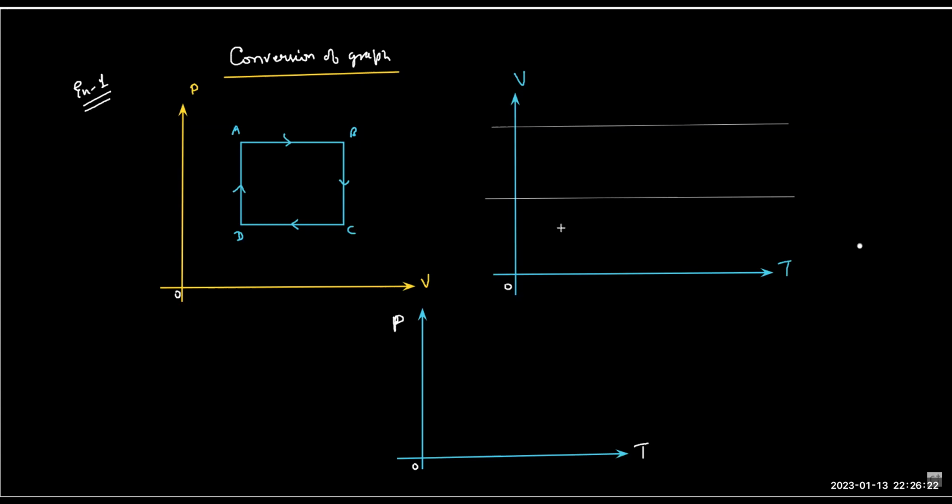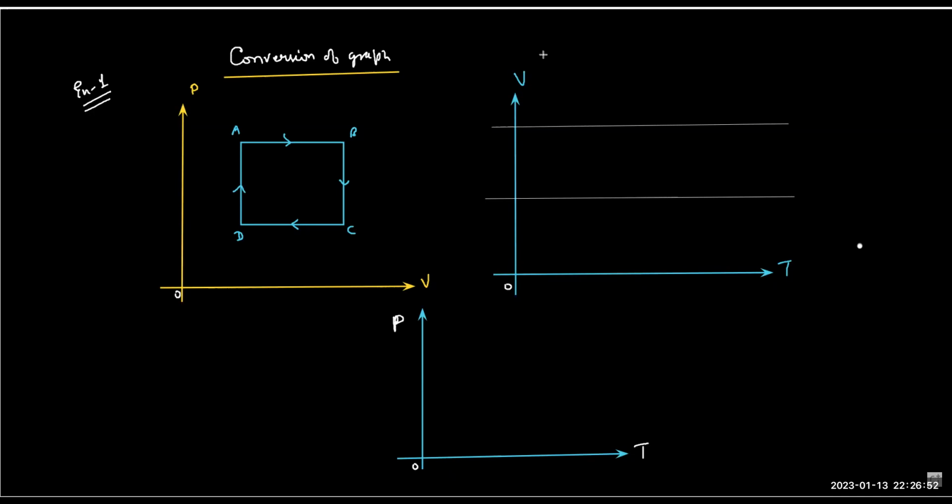In a VT graph, it is a straight line. How do you draw it: horizontal, vertical, or slant? Slant, with a slope of nR by P. Yes, very good. So it will pass through the origin.